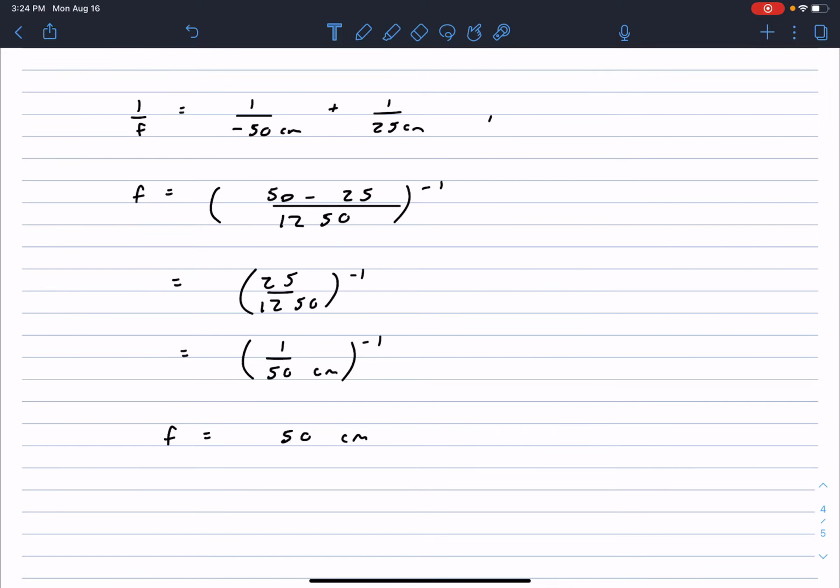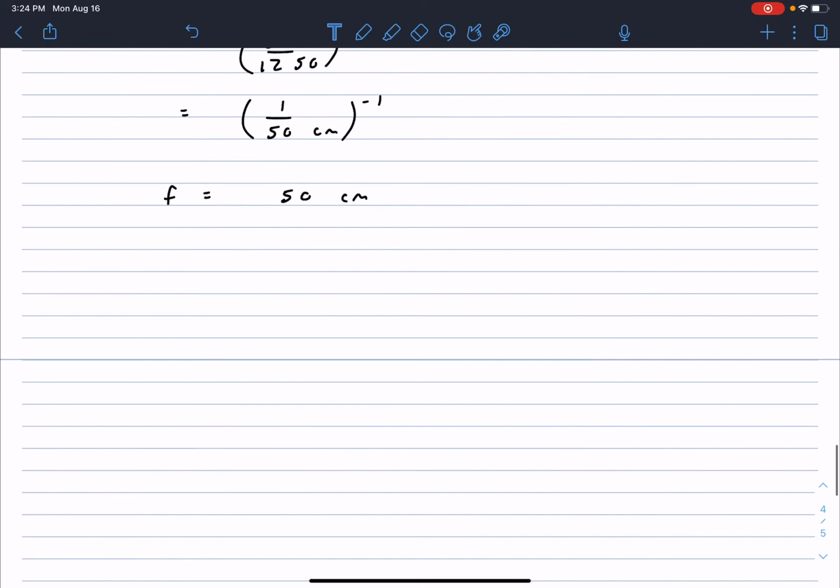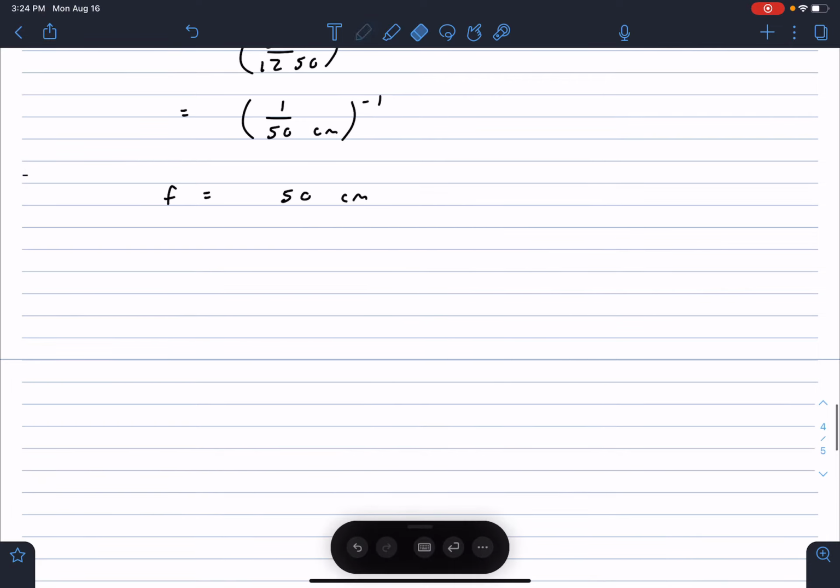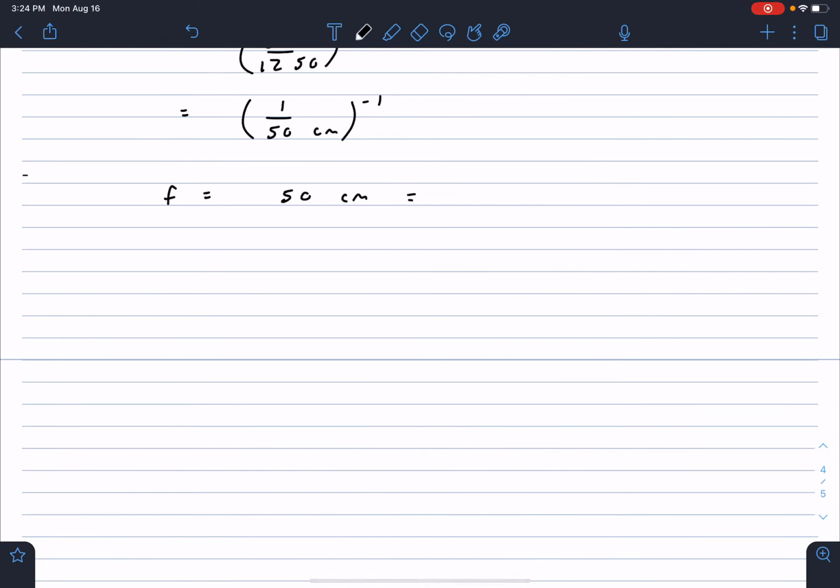Okay, and then we're asked to find the radius of curvature, right? Our focal length is always equal to r over 2, radius of curvature over 2. So we just take this times 2. So r is going to be equal to 100 centimeters or 1 meter. It's a pretty big mirror, actually.